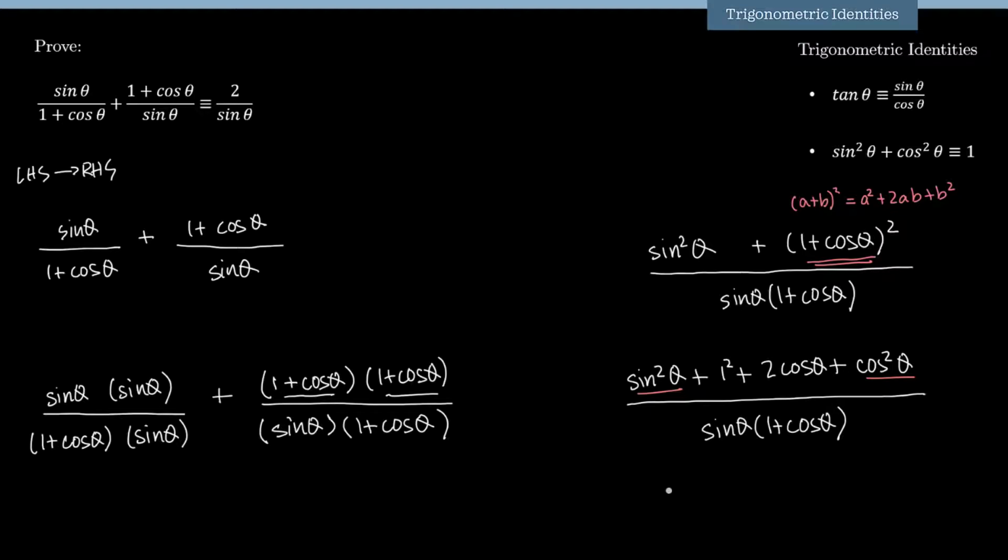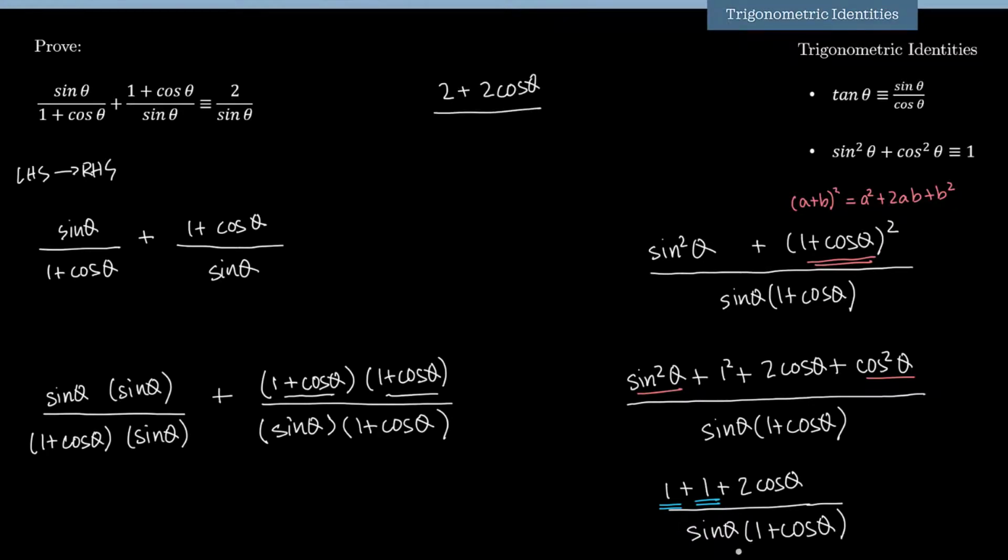So it would be 1 plus 1 square is 1 and plus 2 cosine theta and divided by sine theta times 1 plus cosine theta. 1 plus 1 is 2, so I can write 2 plus 2 cosine theta and divided by sine theta times 1 plus cosine theta.